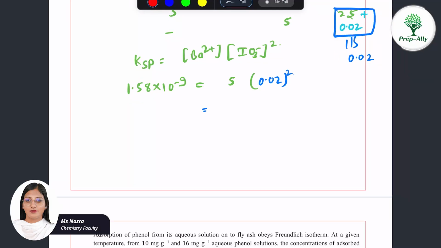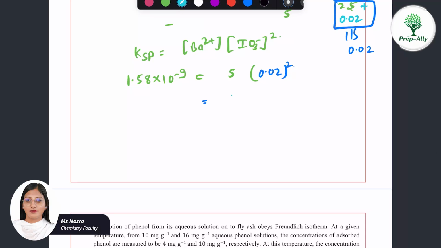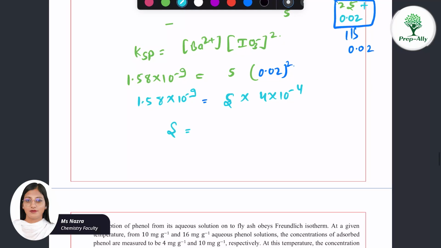Now from here you will calculate the S equal to 4 into 10 to the power minus 4, 1.58, this is the S, into 10 to the power minus 9. So value of the S will come out to be equal 3.95 into 10 to the power minus 6 molar.